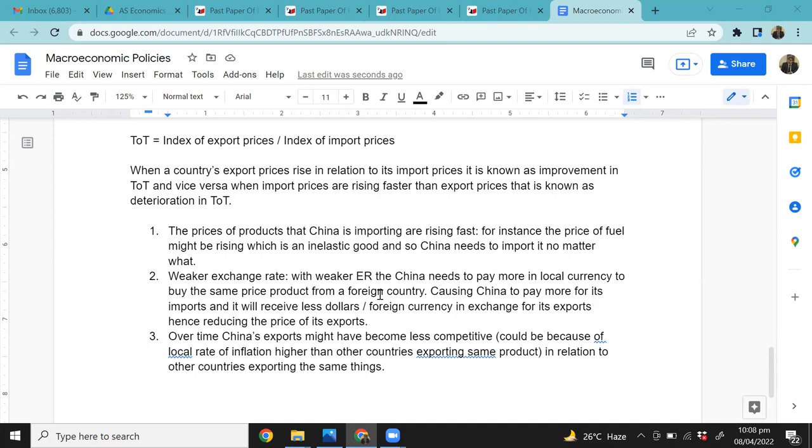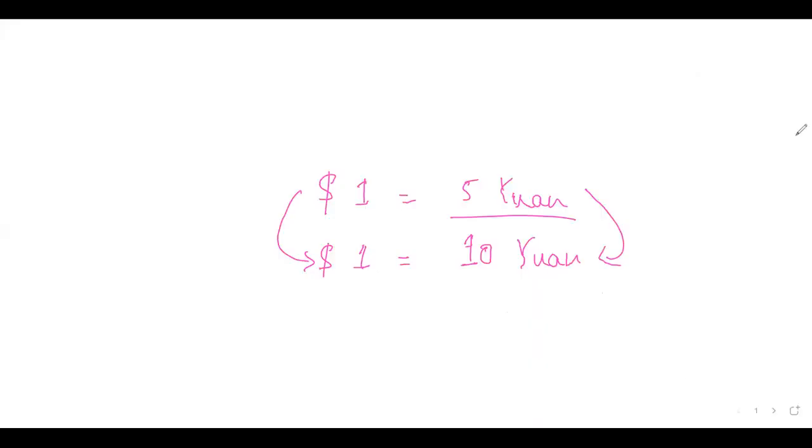Let's look at this one more time. Previously, China used to import something from USA for $10 and it had a tariff imposed on it. So the final price perhaps became $12 because there was a 20% tariff.